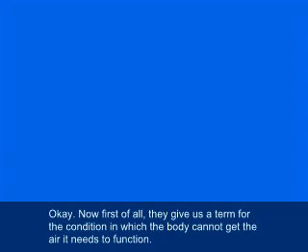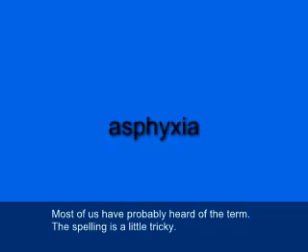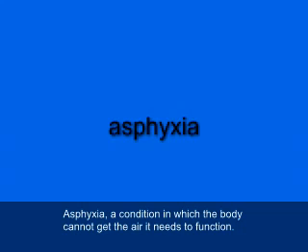Now, first of all, they give us a term for the condition in which the body cannot get the air it needs to function. Kind of a general term, and that is asphyxia. Asphyxia. Most of us have probably heard of the term, the spelling is a little tricky. Asphyxia, condition in which the body cannot get the air it needs to function.